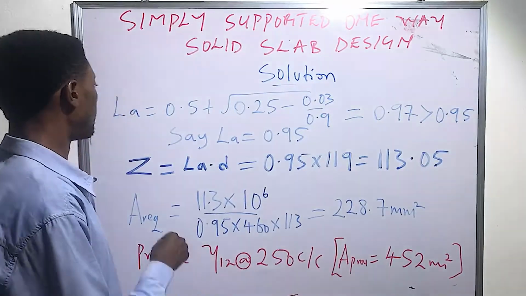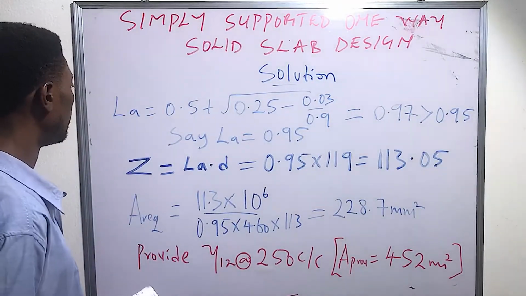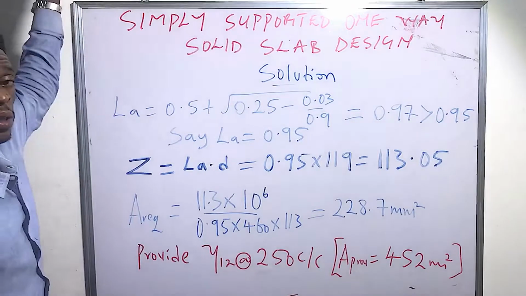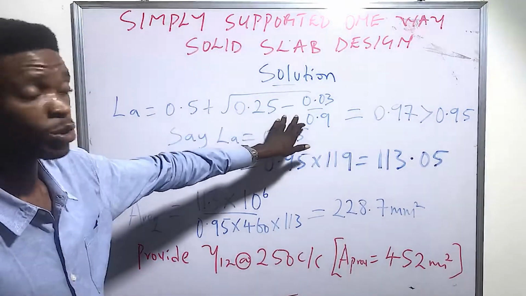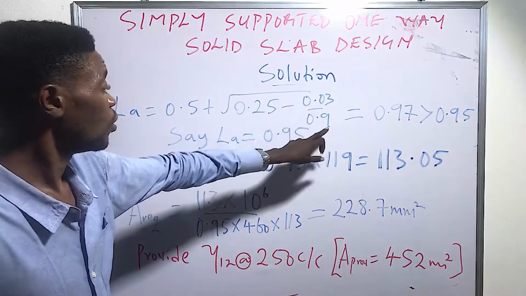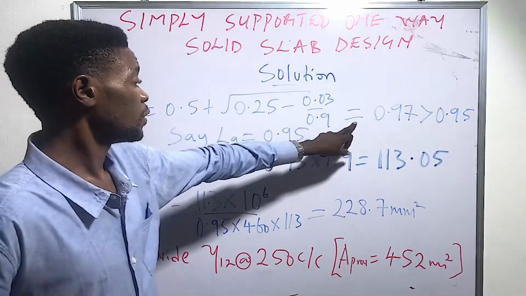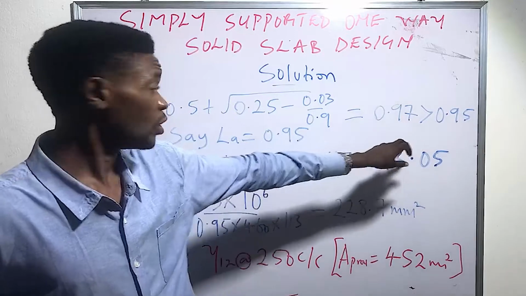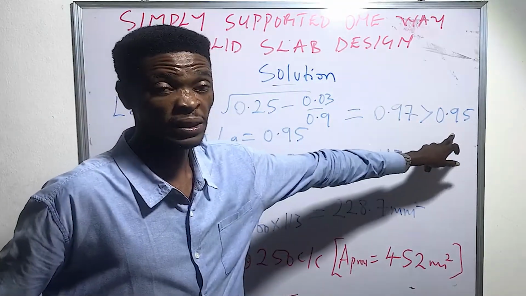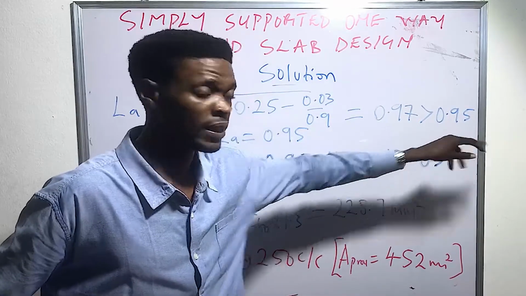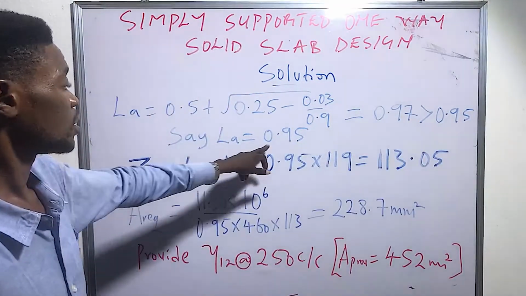So from there, our lever arm, LA, now becomes 0.5 plus root of 0.25 minus 0.03, which is our K, over 0.9, gives us 0.97. If your lever arm is greater than 0.95, take it as 0.95. It should not be greater than 0.95. That gives us 0.95.